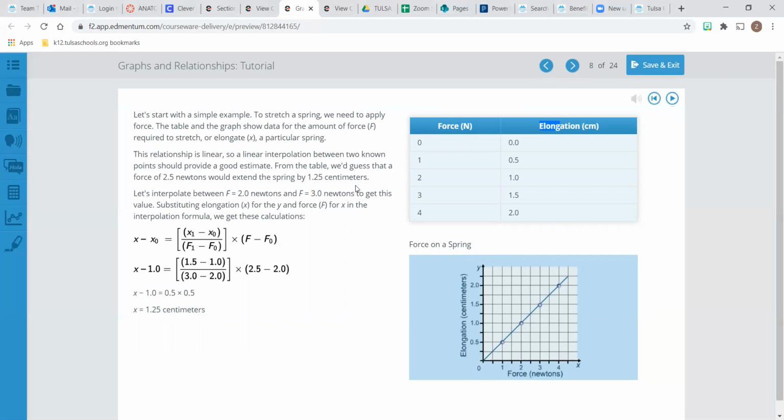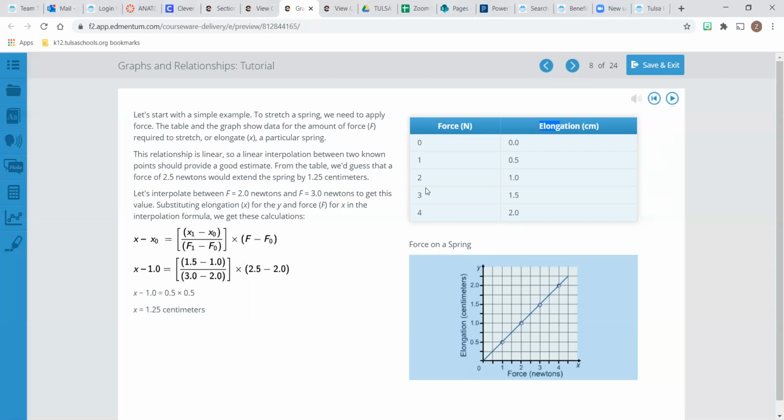And knowing this, we can interpolate and extrapolate. So if we know the point between F2 and F3, you can solve for the elongation if F equals 2.5.